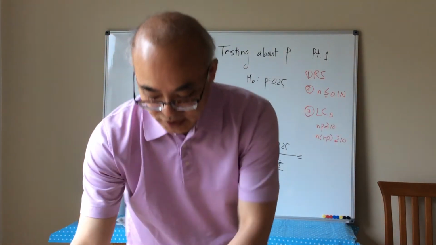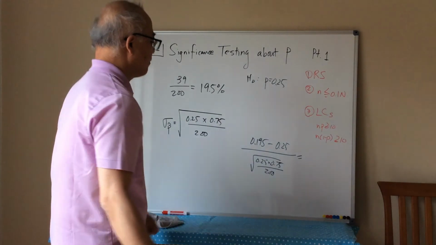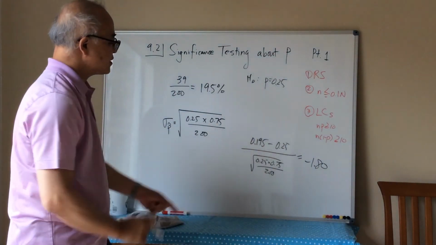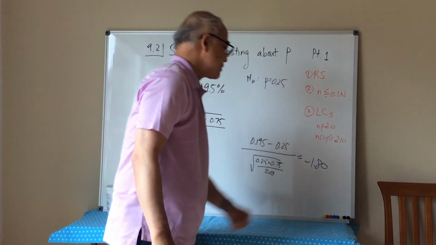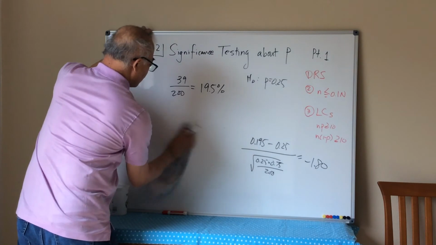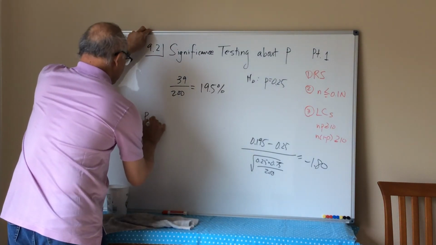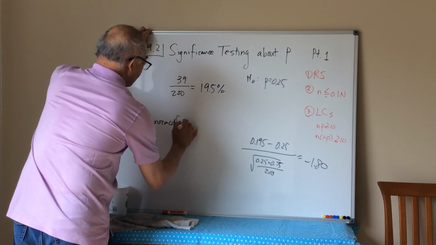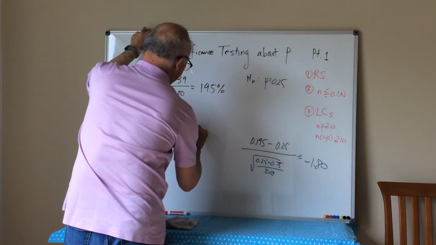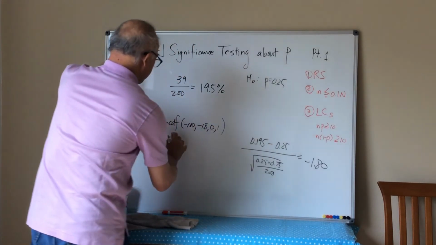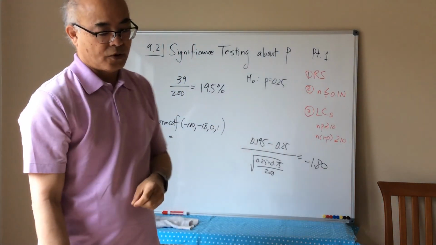And if you do that, you are going to get negative 1.80. Okay, so this is your actual test statistic. To calculate the p-value, you would use normalcdf from negative 100 to negative 1.801. That would give you your p-value.